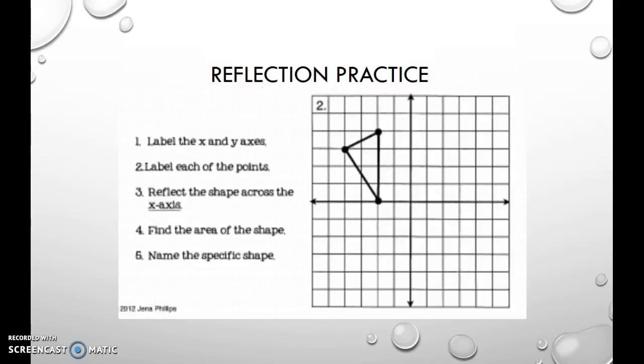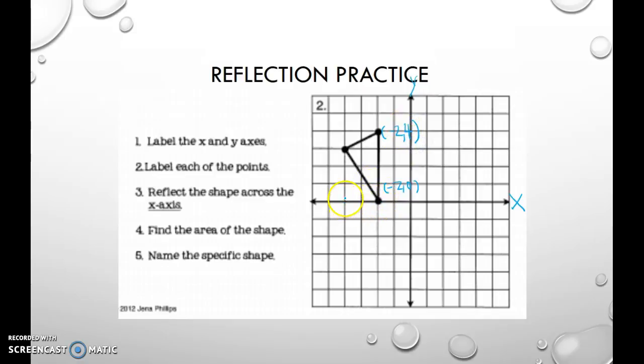Same idea. The first thing we're going to do is label our x and y axes. So we have our y going like this. Our x is over here. We're labeling each of the points. So up here I have -2, 0. Over here I have -2 and 1, 2, 3, 4.